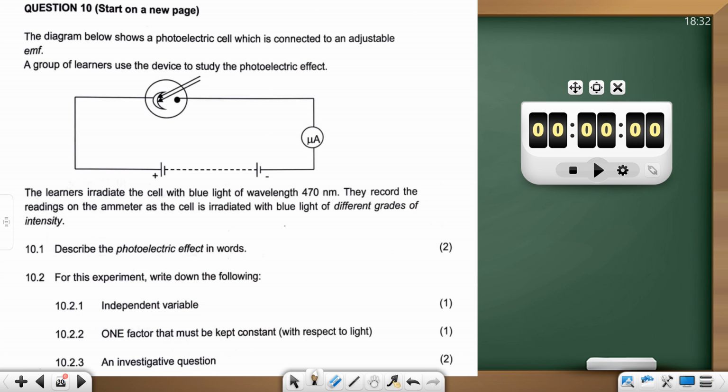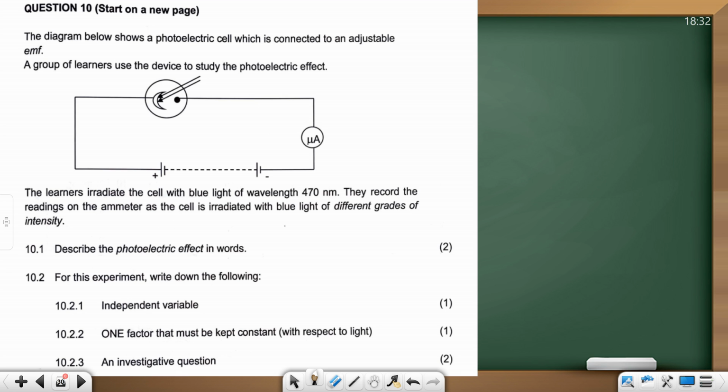All right, let us answer. The diagram below shows a photoelectric cell which is connected to an adjustable EMF. The group of learners used the device to study photoelectric effect. The learners irradiate the cell with blue light of wavelength 490 nanometers.